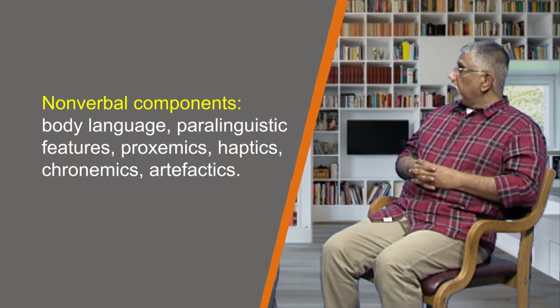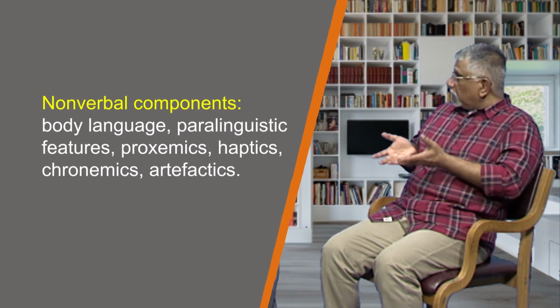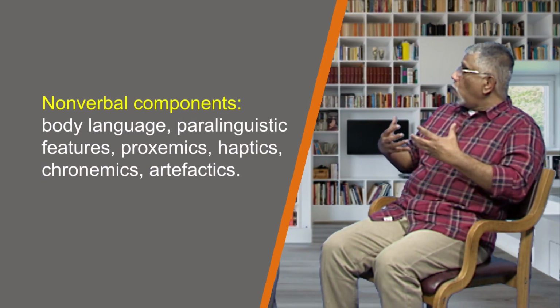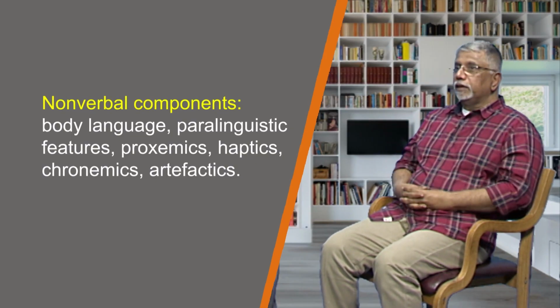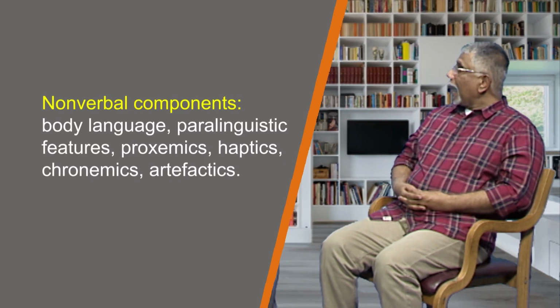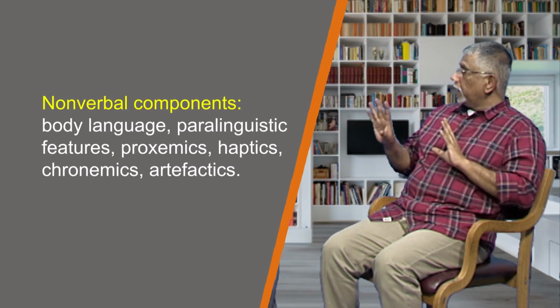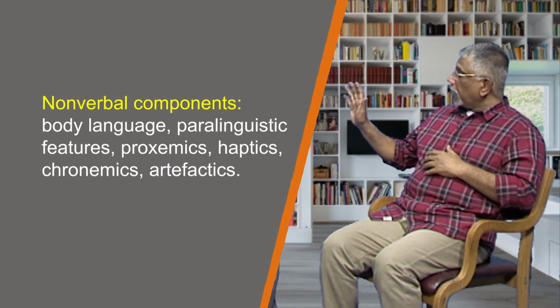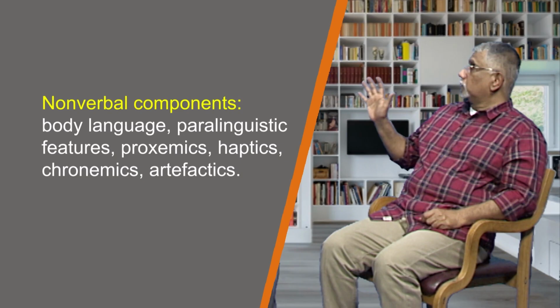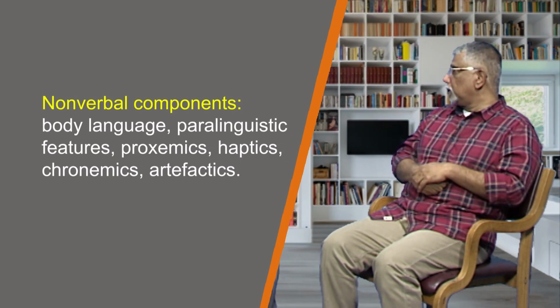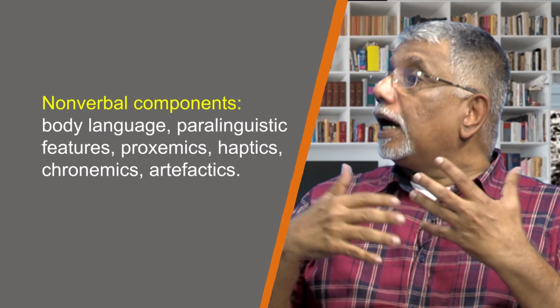It could be your possessions, artifactics, what you wear, what you own, the car, your room, your jewelry. It could be haptics, where happiness and warmth and control is conveyed through a touch, right? And paralanguage.